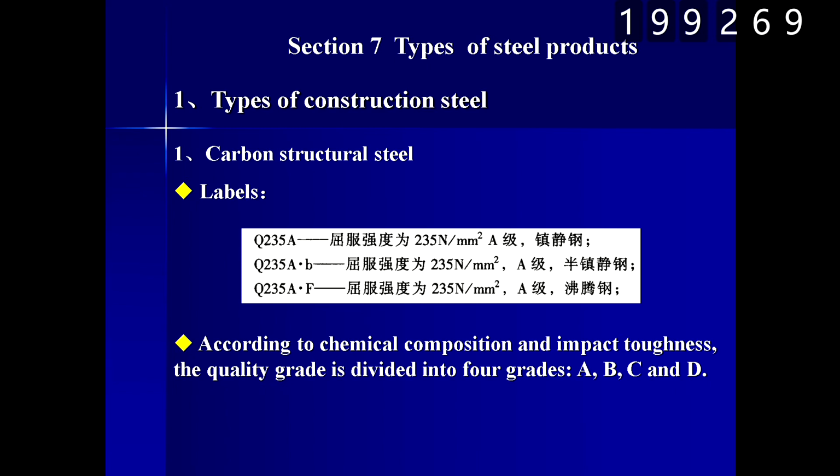Q means 强度, strength. 强度 is 235 megapascals, so strength is 235. The same meaning, but different countries. This is the name of the steel made from the factory.